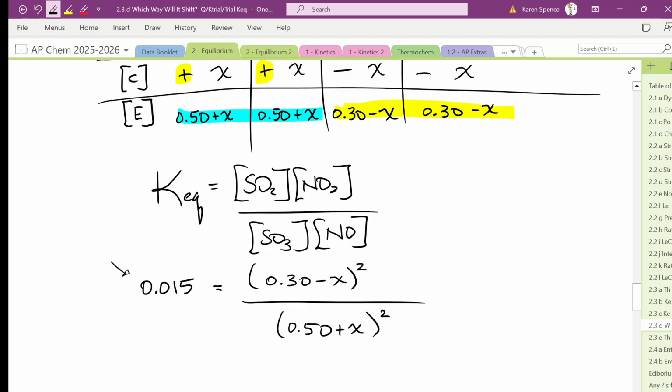So I have 0.015 times 0.5, which is 7.5 times 10 to the minus 3 plus 0.015x. Oh, no, I did that wrong. Bad. What did I forget to do? Square root. There we go. Let's try that.